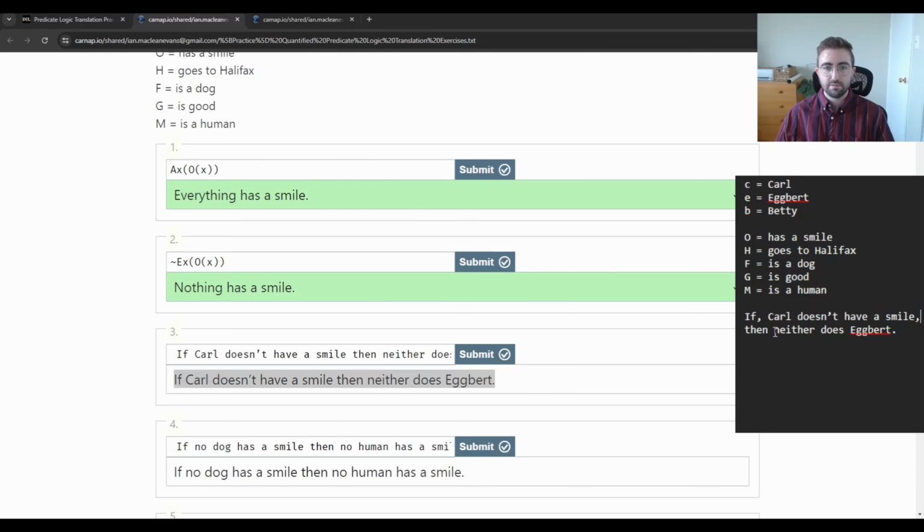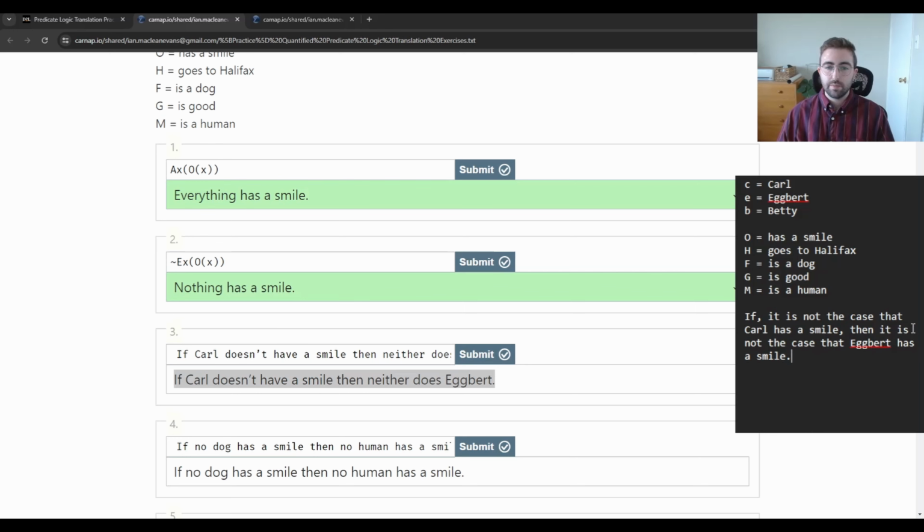Let's separate our if-thens, and then we have if it is not the case that Carl has a smile, then it is not the case that Egbert has a smile, right?